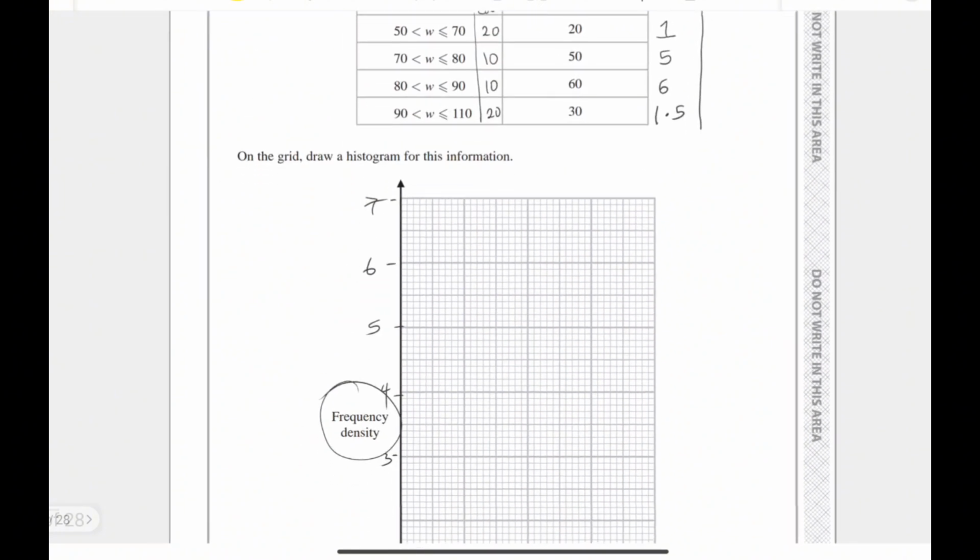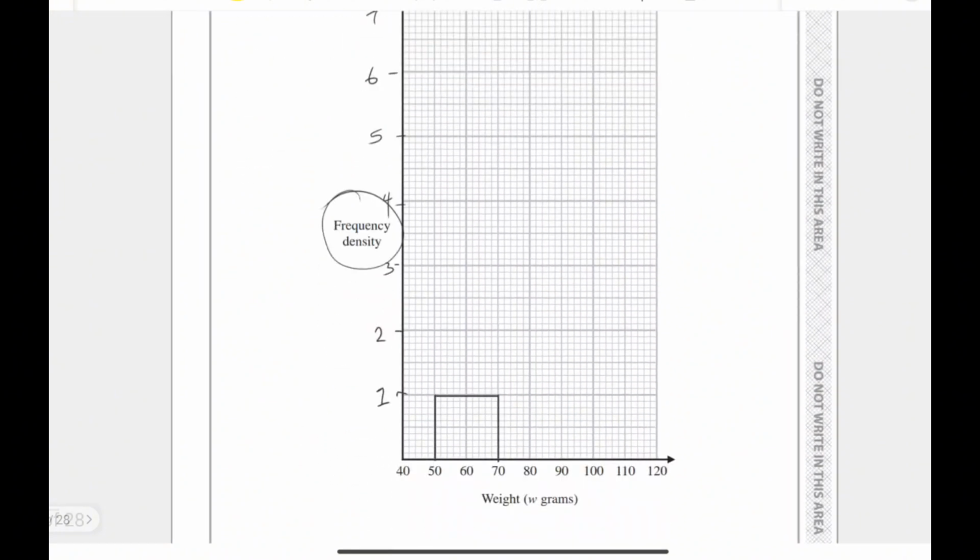From 70 to 80 is 5. 80 is also 5. So we join it together. Sorry, that was a mistake. Yeah, I hope that is perfect.